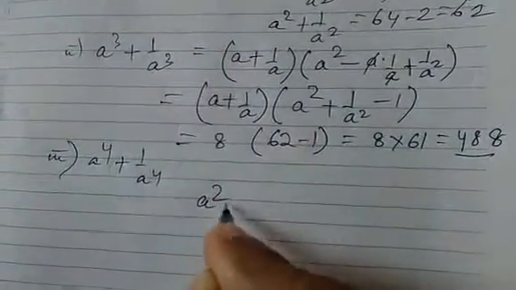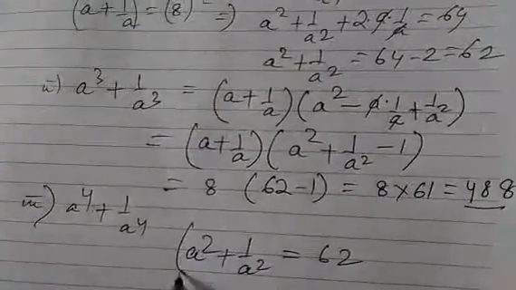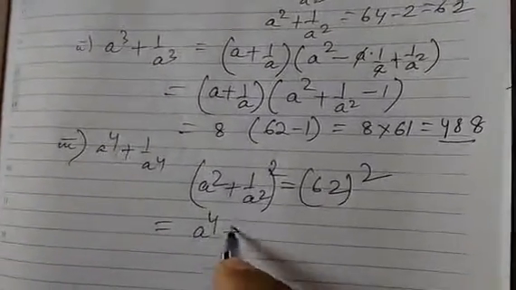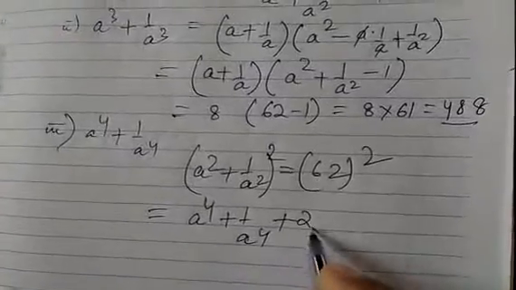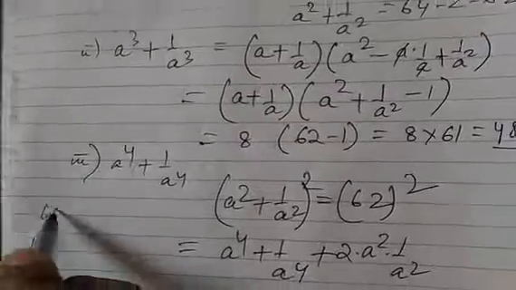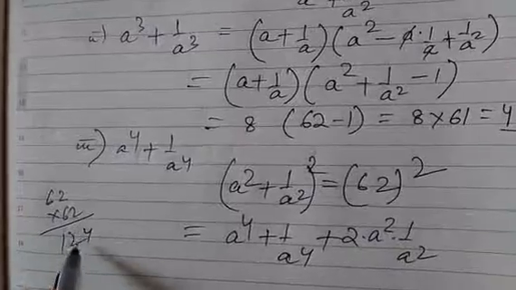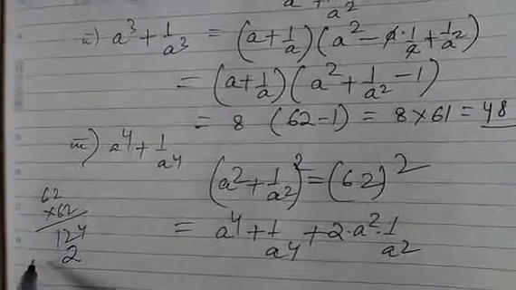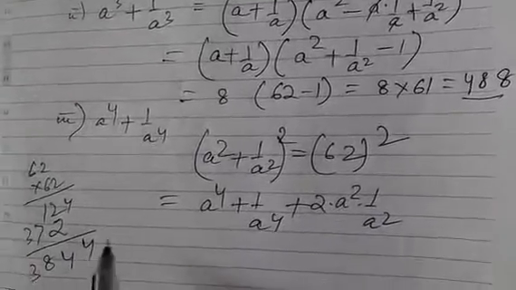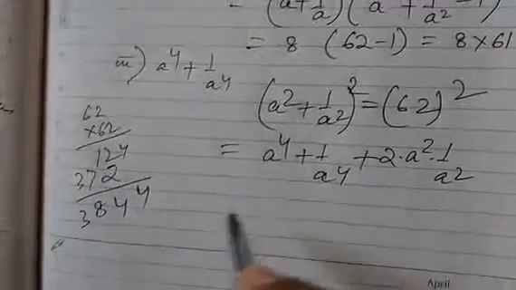Since a square plus 1 by a square is equal to 62, squaring both sides again, we get a fourth plus 1 by a fourth plus 2 into a square into 1 by a square, which is 62 square. 62 square you can find out is 3844.